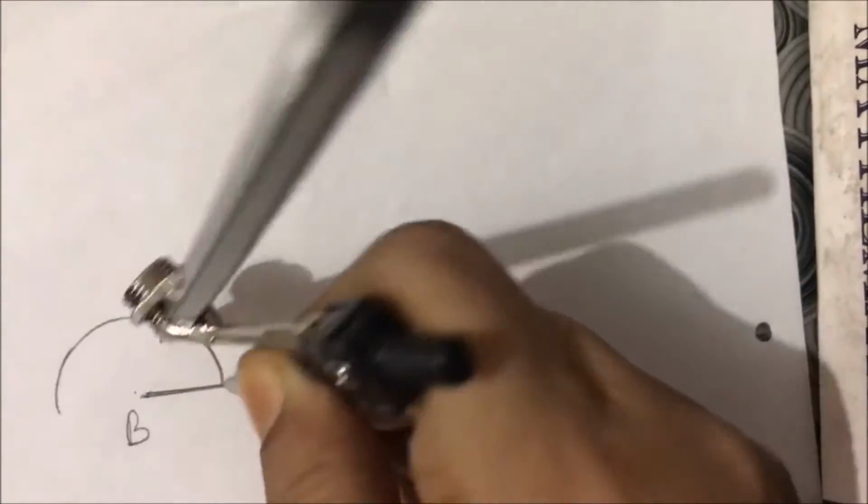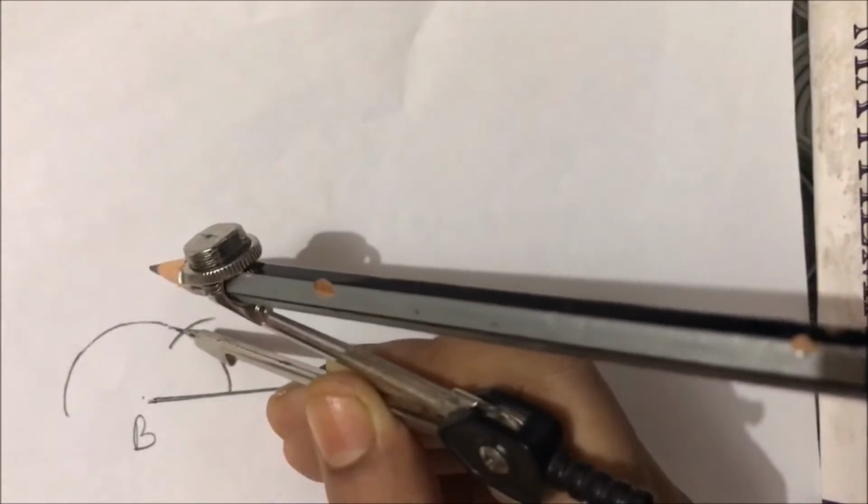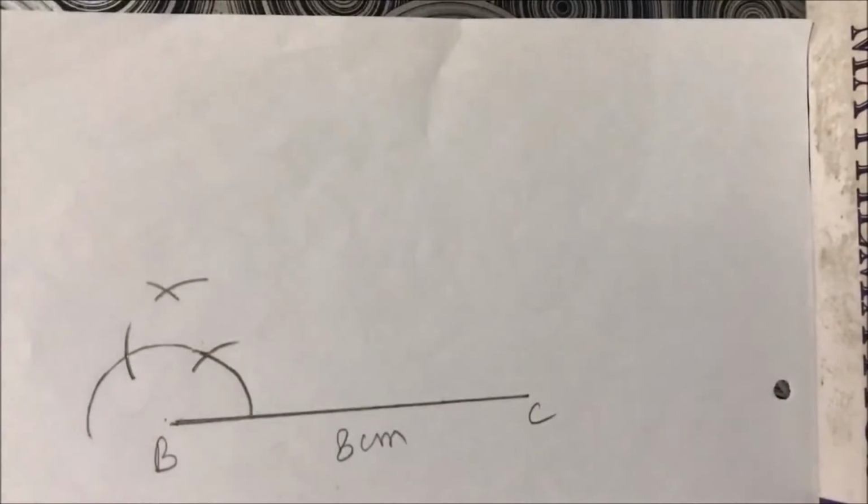Draw arcs at 60 degree and 120 degree, then draw two arcs, and then join them.